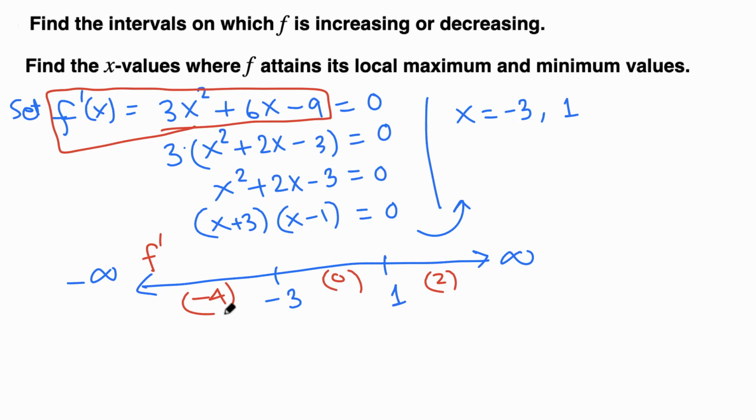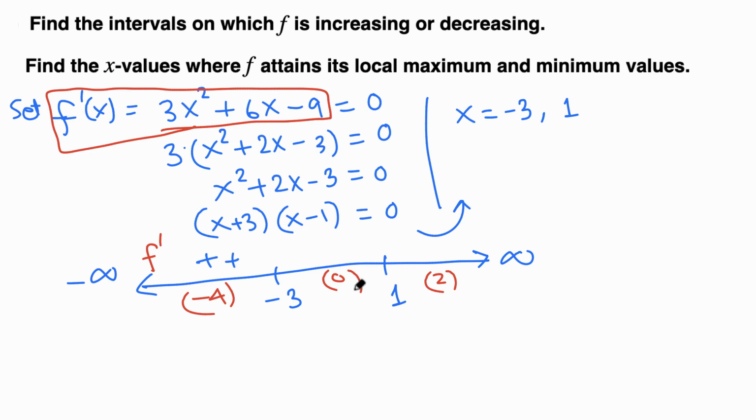Plug in negative 4: 3 times negative 4 squared will be positive, plus 6 times negative 4, which is a negative number, minus 9. Using a calculator, it comes out positive, so I'm writing plus.